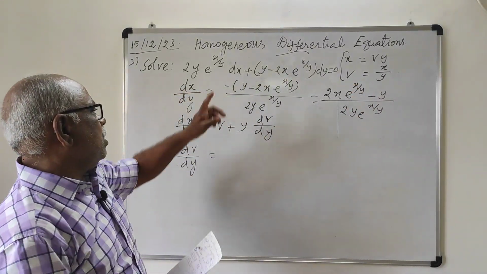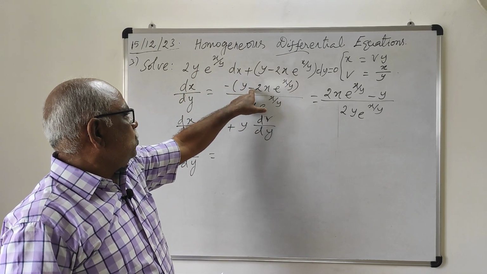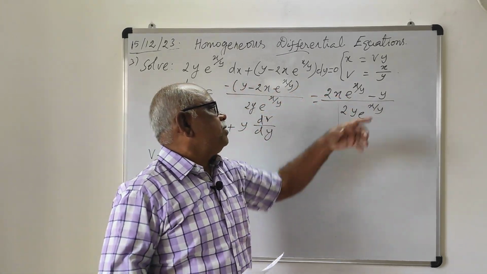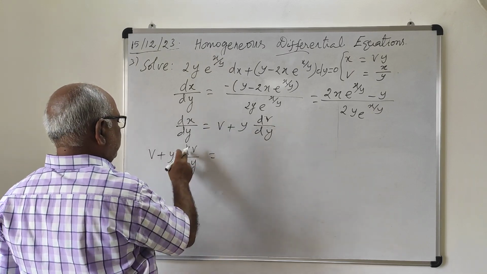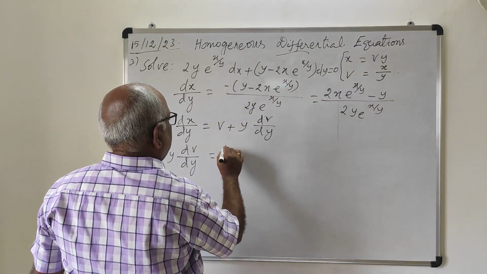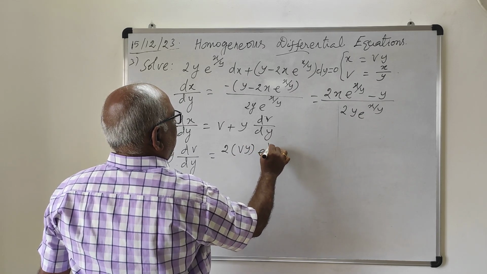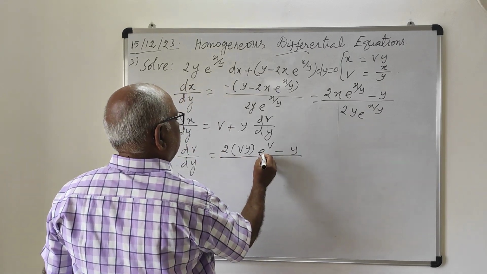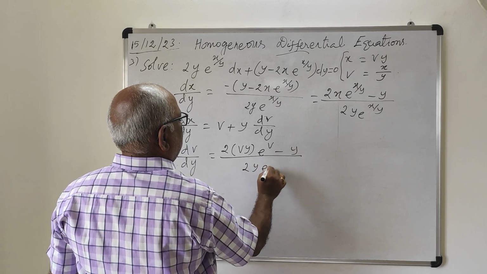You can rewrite this problem: if you multiply by minus within the bracket, you get minus 2x e power x by y become plus, and y minus y. Therefore, you substitute for v plus y dv by dy in this expression. You will get 2 into x is vy, and e power x by y is e power v, minus y by 2y e power v.